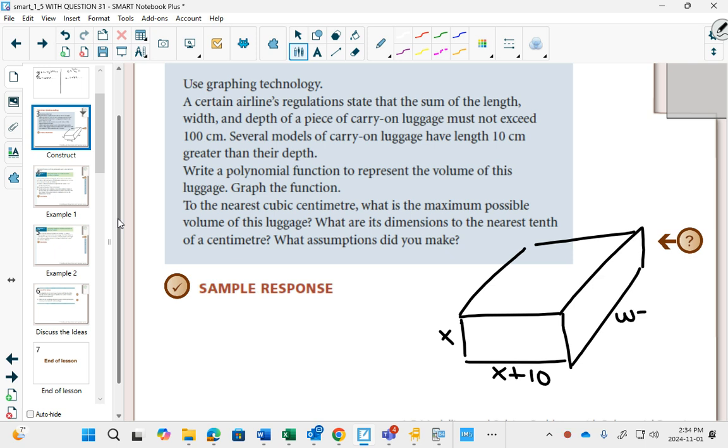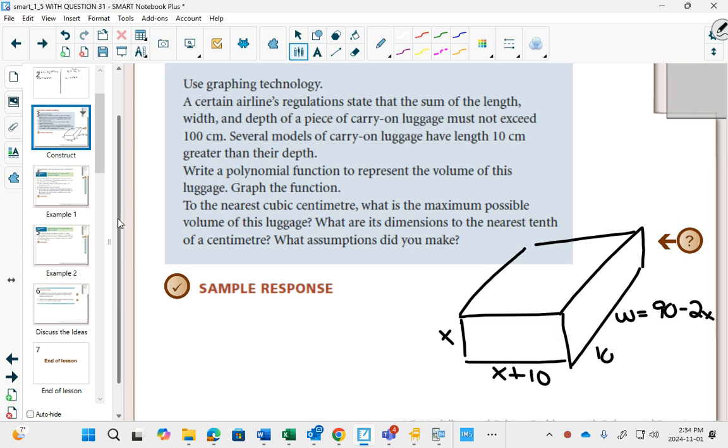So now, if you can do that with numbers, we want to use the same variable all the way through. If this is x, and this is x plus 10, how much is left over there? You write it as 90 minus 2x.